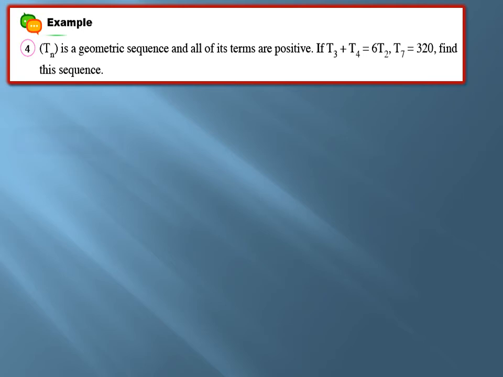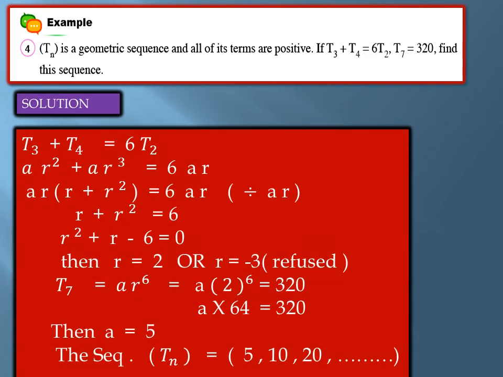Now, T3 plus T4 equals 62. We know T3 equals AR to the power 2, T4 equals AR to the power 3, equals 62. Now we want a common factor.